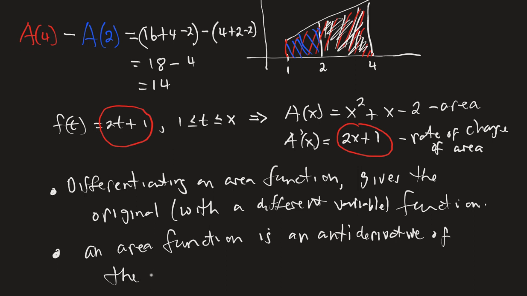So when I say the original, I mean my f of t here, right? Again, look at this statement: area is antiderivative. So it seems like for us to get a handle on solving the area problem, we're going to have to use antiderivatives in order to do so.